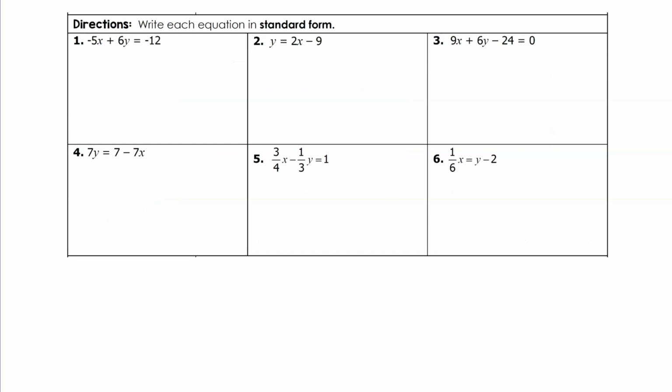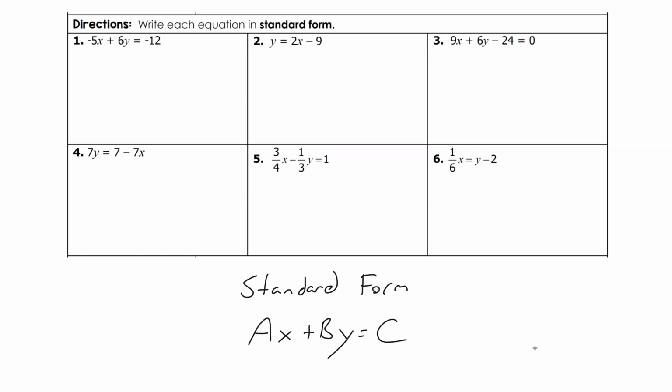All right, so we're going to write each equation in standard form. Now, you've got to remember that standard form is ax plus by equals c. Notice that a is positive. I want you to notice that that is probably the most important thing in standard form, that a is going to be positive. So I'm going to do the odd ones, and we're going to leave the even ones for classwork.